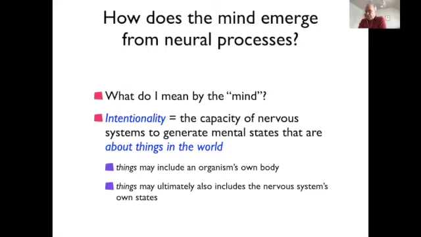Of course, intentionality is a concept that in philosophy has been discussed a lot, and we're trying to use these concepts as a way of talking about what it could mean to understand the mind on a neural basis. So how would the mind emerge from neural processes? In fact, in one of Searle's books, he challenges cognitive scientists by saying, you could try to build intentional agents and that way test the concepts.